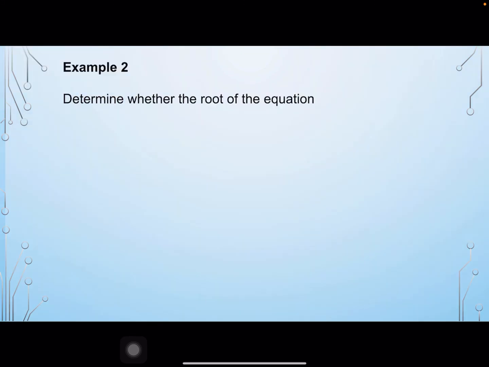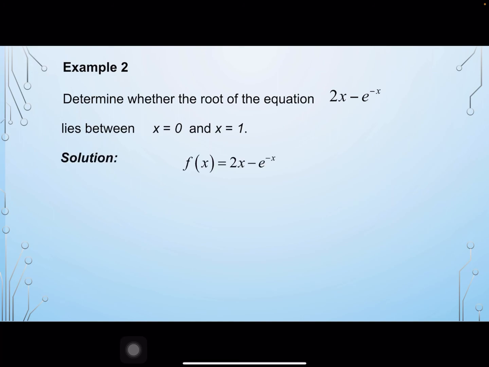Example 2. Determine whether the root of the equation 2x minus e power minus x lies between x equals 0 and x equals 1. Solution. Let's consider f(x) as 2x minus e power minus x. f(0) is 2 times 0 minus e power 0, which is minus 1.